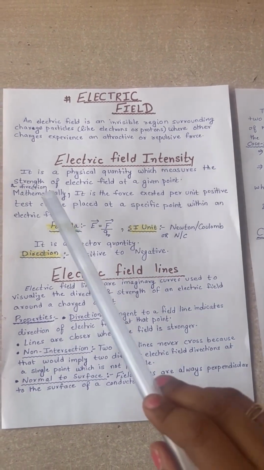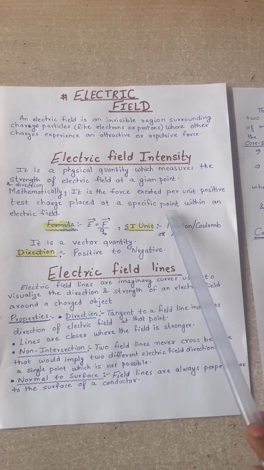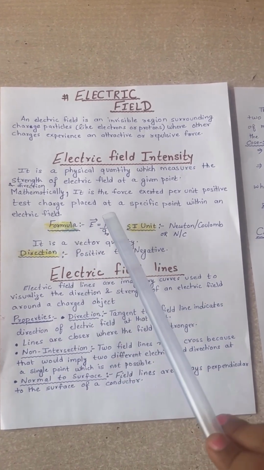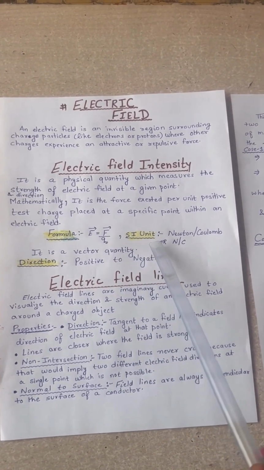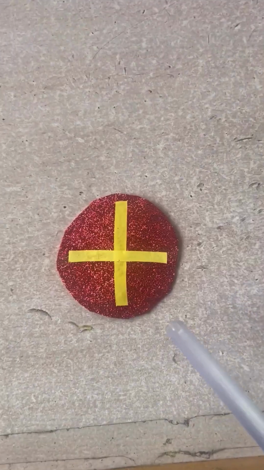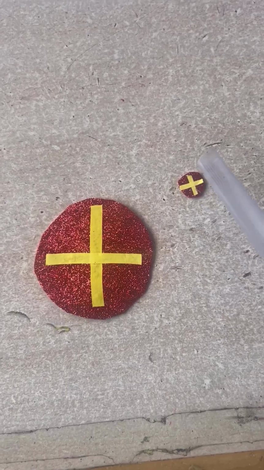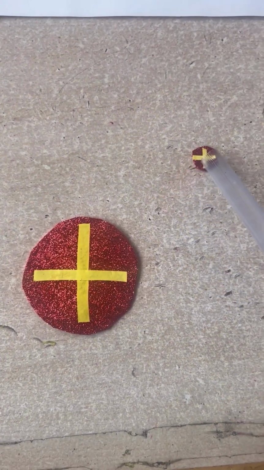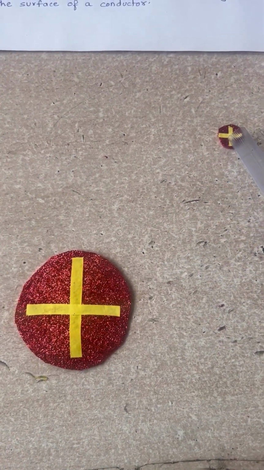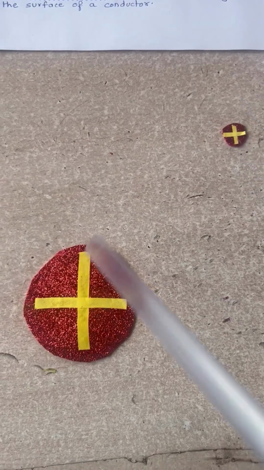And mathematically, the formula of electric field is force in the field of given charge, that is source charge. Here, like a positive source charge, and this small positive charge is the test charge. Test charge will always be positive. Now this test charge will move away.